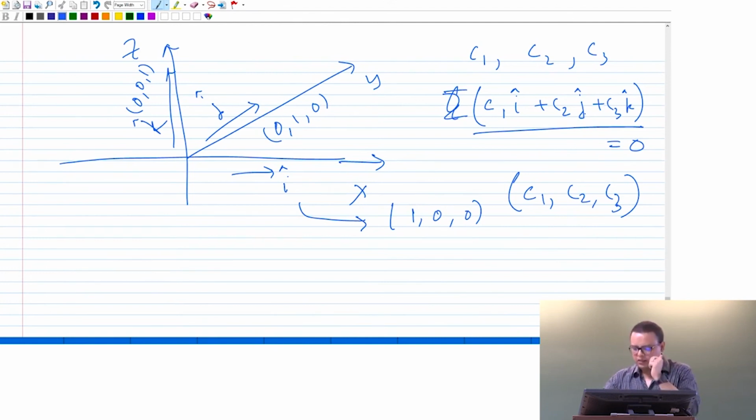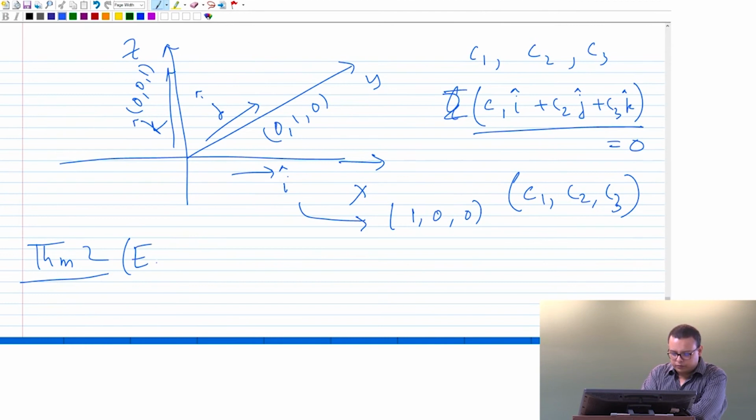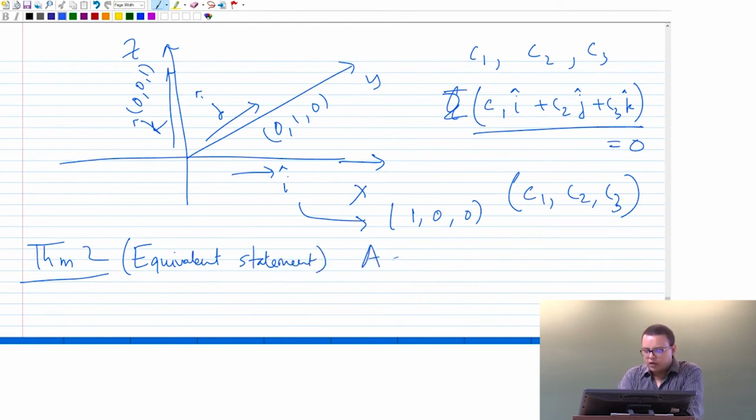Let me give you some equivalent statements, and try to check whether you can prove these are the same or not. Not many, I will give only one. This is like theorem 2, an equivalent statement. I started with a set A of d plus 2 points in RD.